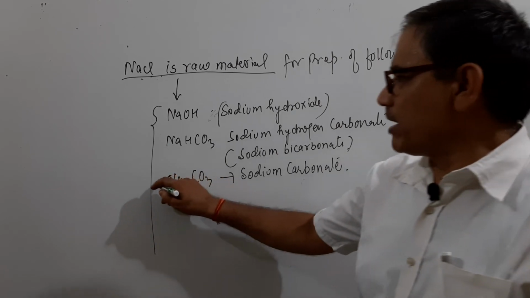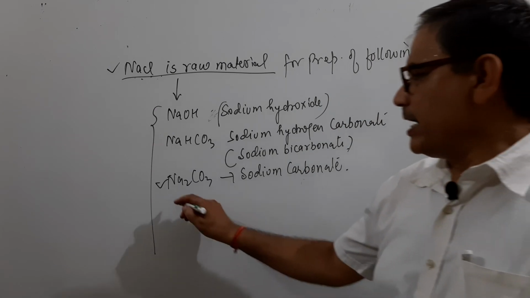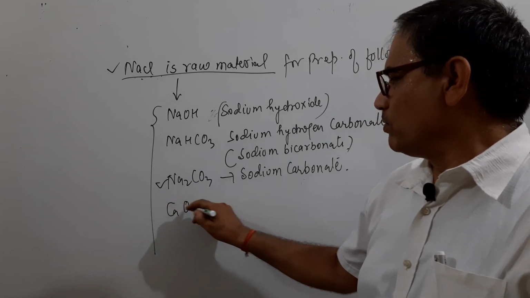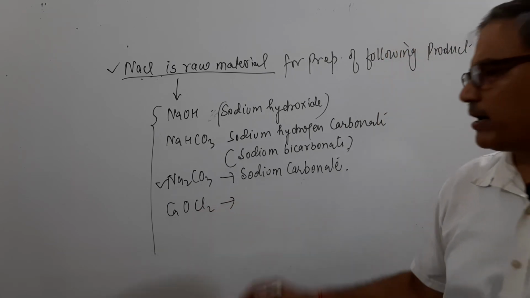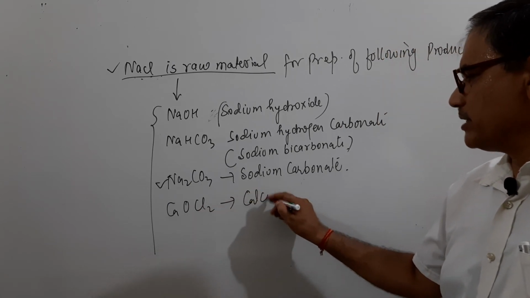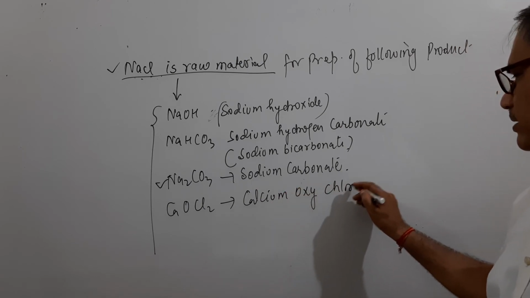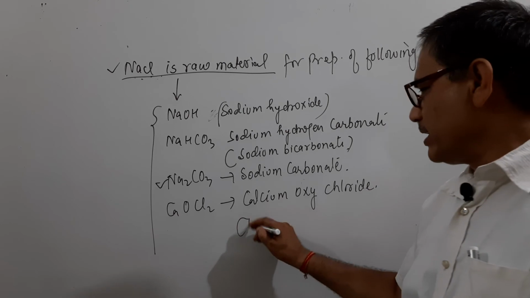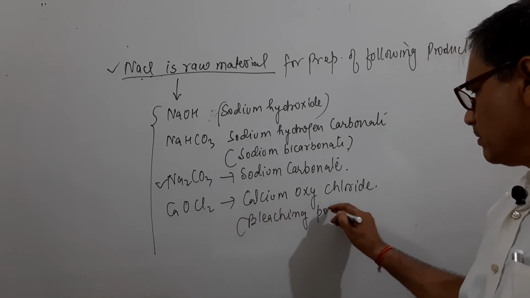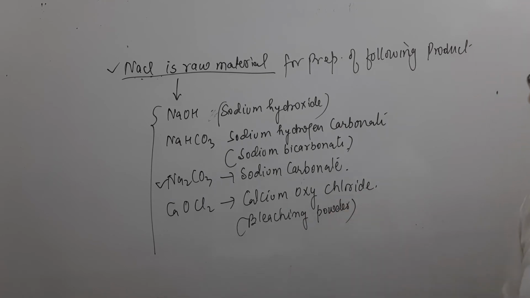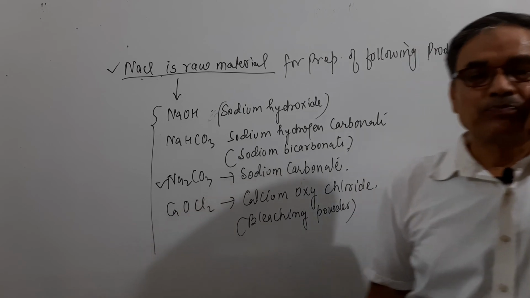It means sodium carbonate can also be obtained from NaCl, and CaOCl2 means bleaching powder, calcium oxychloride, or we can say bleaching powder.